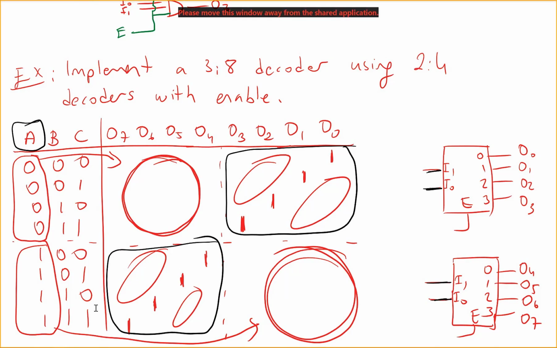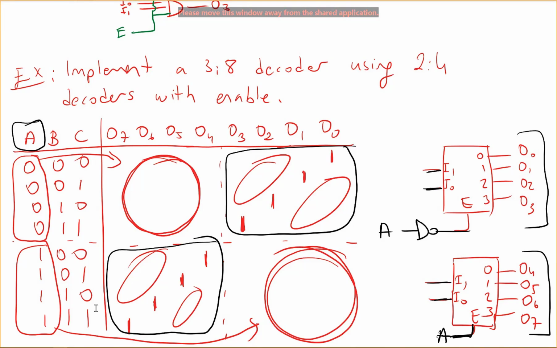If A is 0, I need to select this part, so I will be connecting A not here, and I will be connecting A here. If A is 1, then I am enabling any of these O4, O5, O6 and O7. For I1 and I0, I can put B and C here and B and C here. So this is a 3 to 8 decoder using 2 to 4 decoders with the enable.